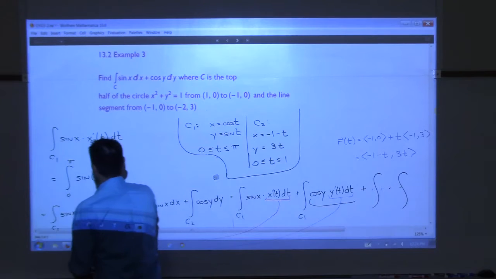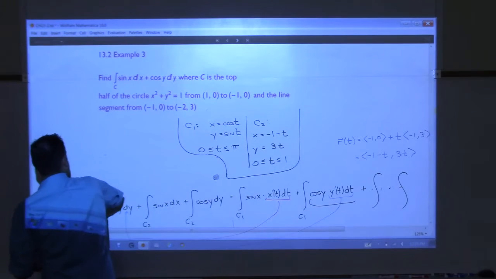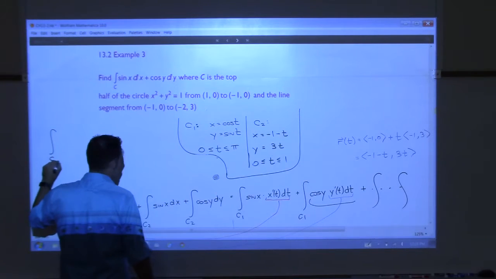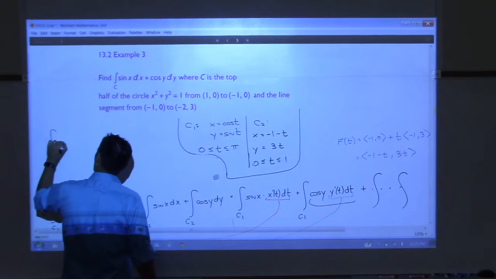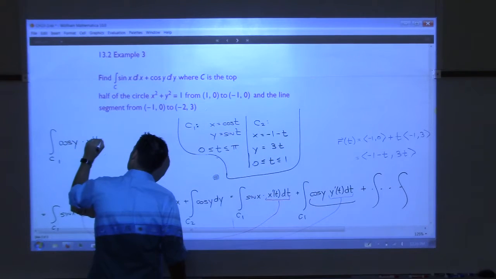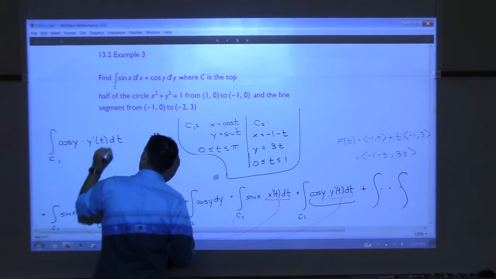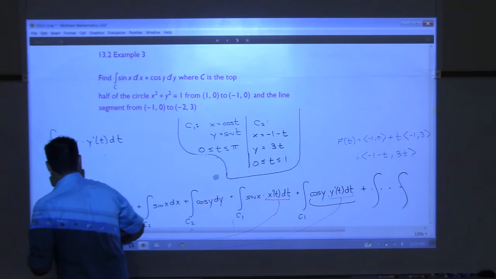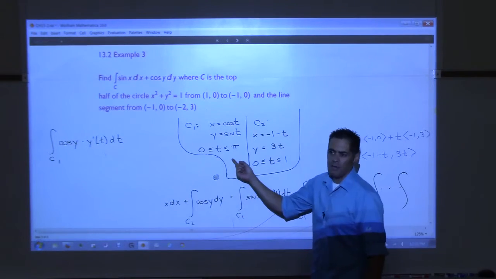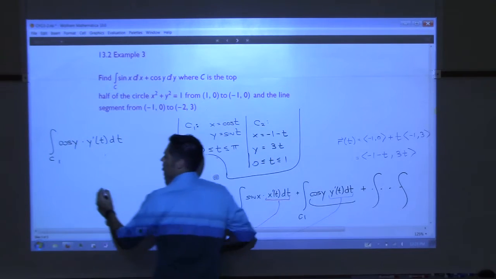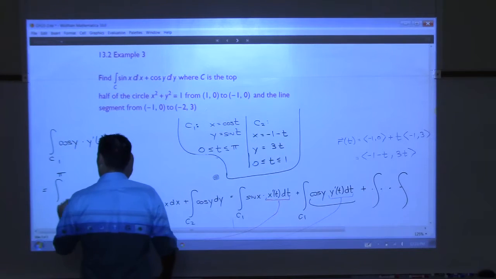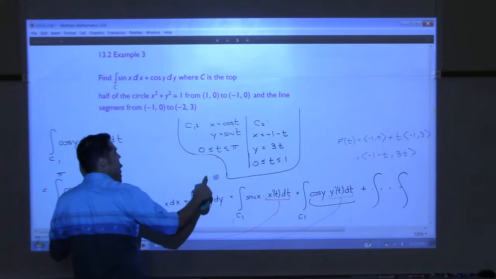For this one, we have integral over C1 of cosine y times y prime t dt. Which is, let's see, we are on C1, so we're using this curve. So we're going to go from 0 to pi again. And we're going to do cosine of y, but what's y?